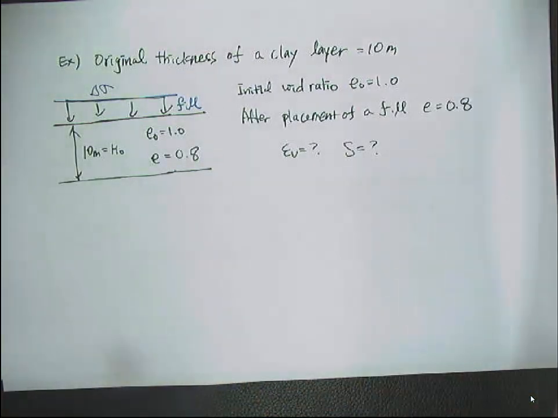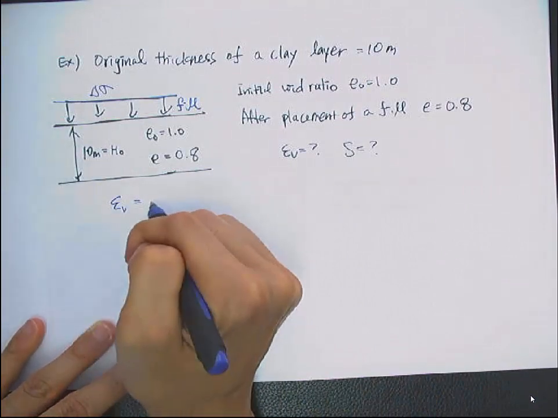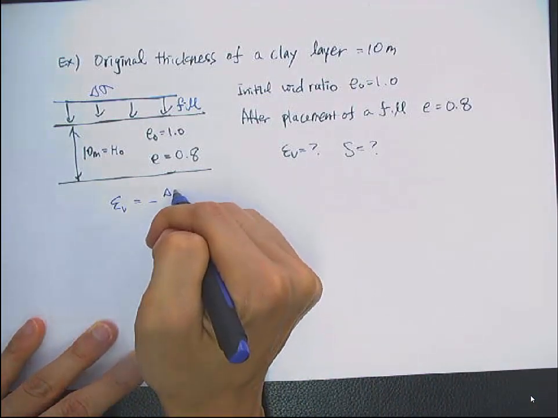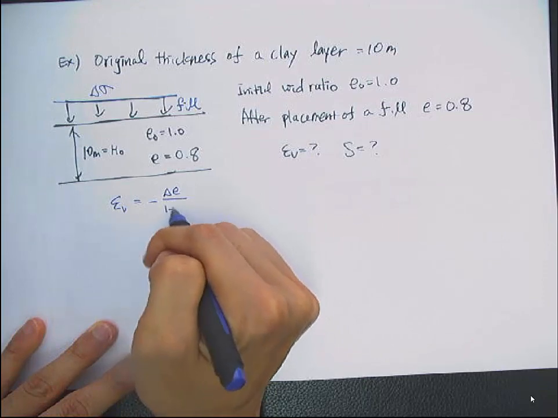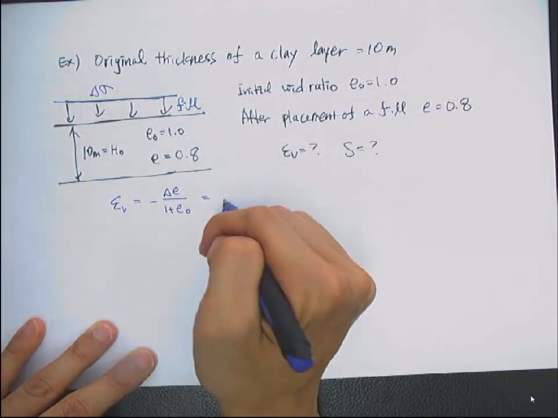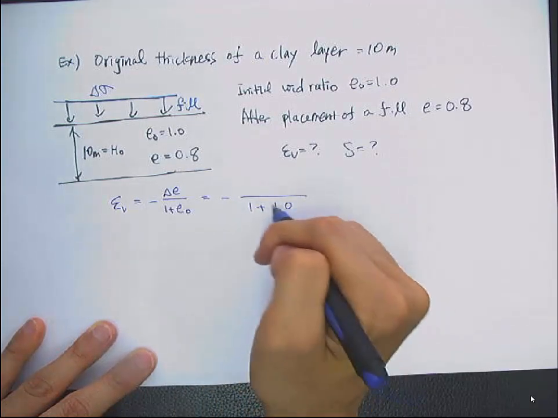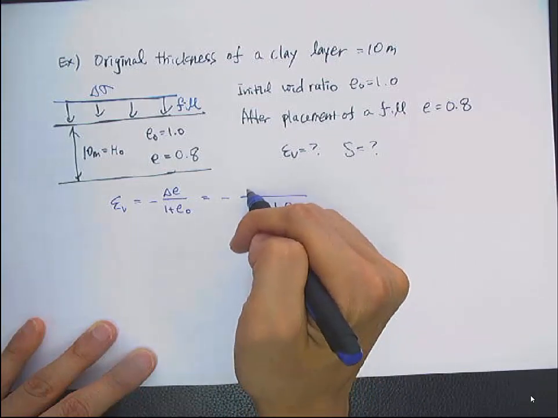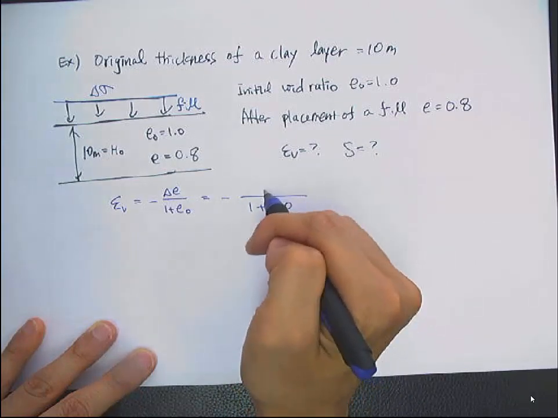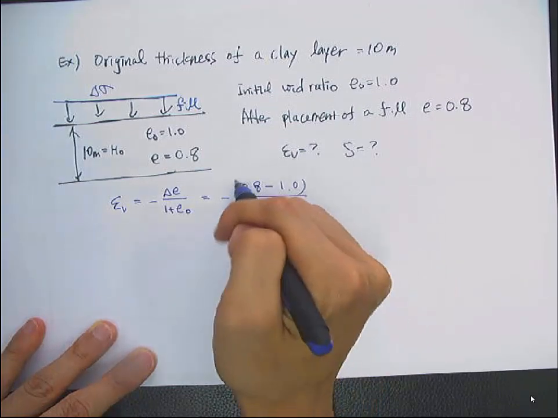Then the question is how much is the volumetric strain, epsilon V, and how much is the settlement. According to the equation, we can just follow the definition of the volumetric strain. Epsilon V is defined as delta e over 1 plus e naught. So we can plug in the numbers here: 1 plus 1.0, and delta e is the final void ratio minus the initial void ratio, so 0.8 minus 1.0.